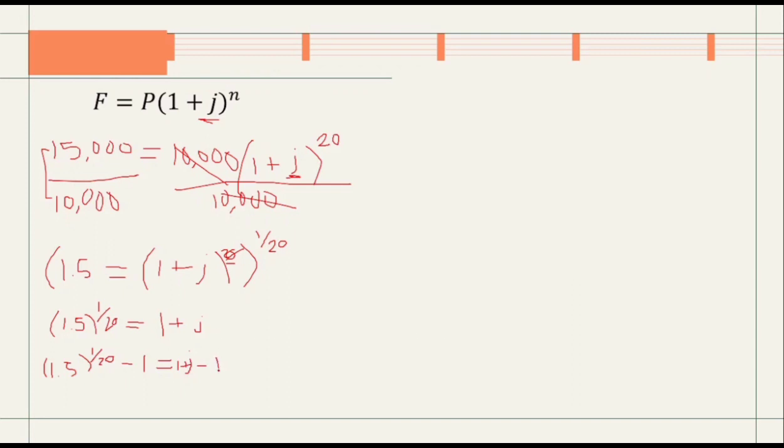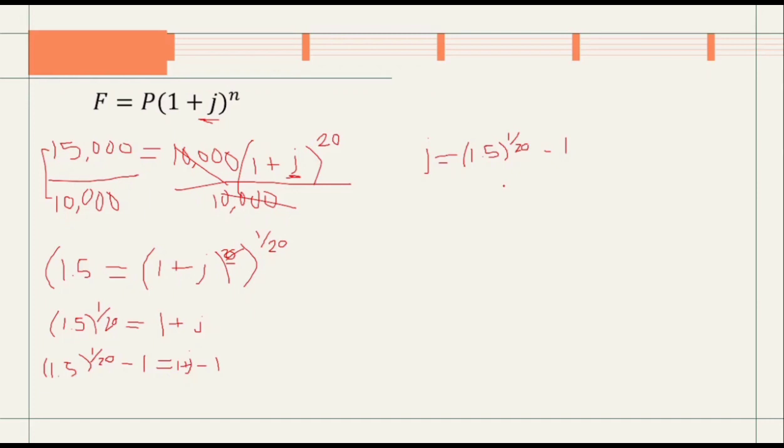So what's left here is j equal to the quantity of 1.5 raised to 1 over 20 minus 1.